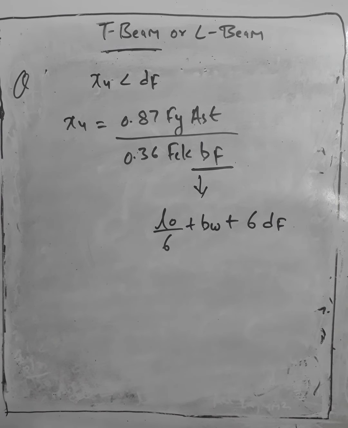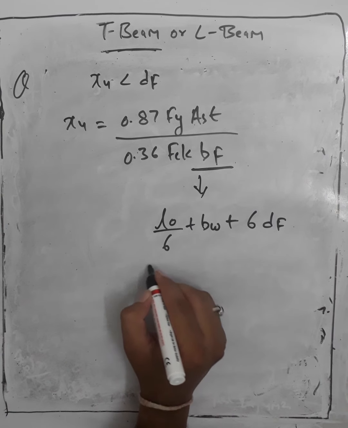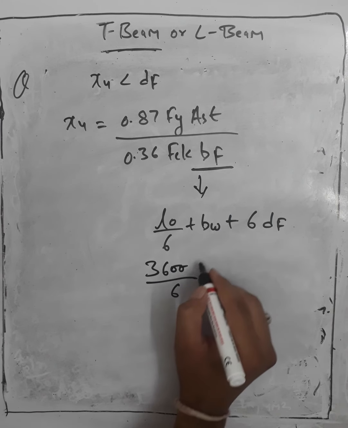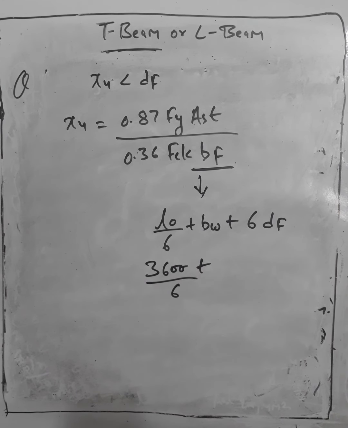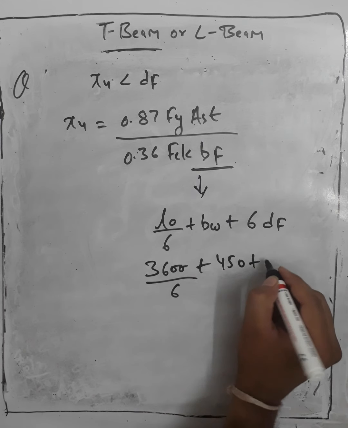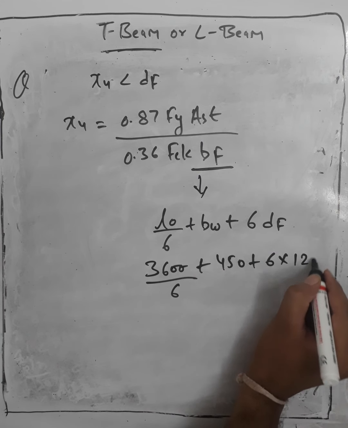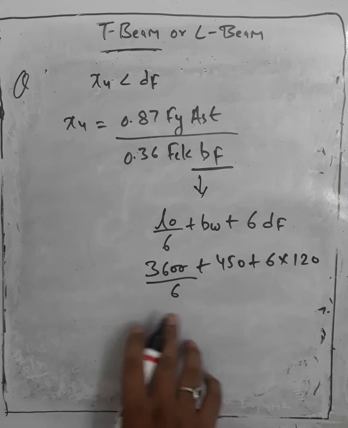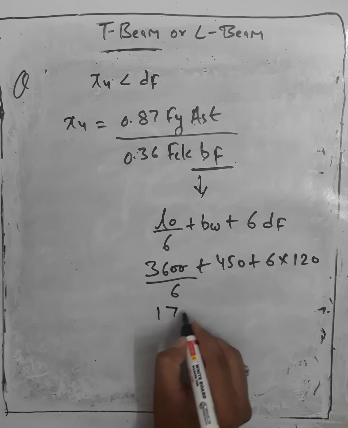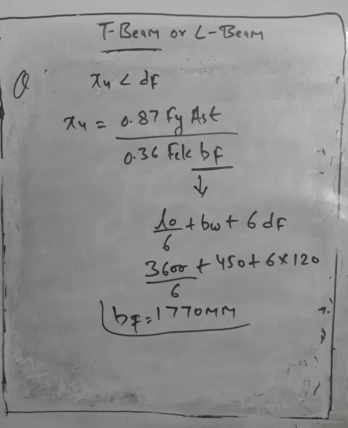L naught we know, here L naught is 3.6 meter, which is converted in mm. BW is given 450 and DF is 120. After solving, we get 1770 mm. Means BF is equal to 1770 mm.